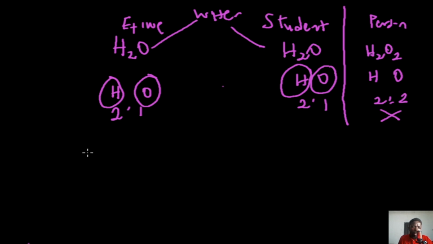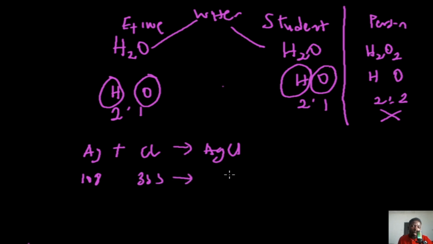Let's say, for instance, you have silver combining with chlorine to give AgCl. If, for instance, you have that 108 grams combines with 35.5 grams, what is likely the mass that you're supposed to have here?